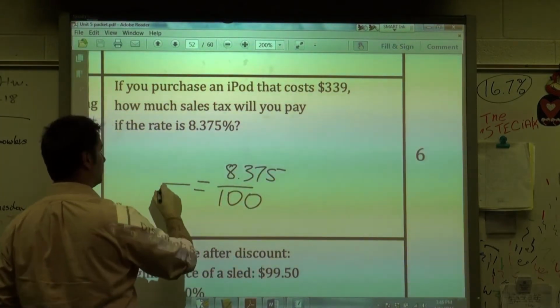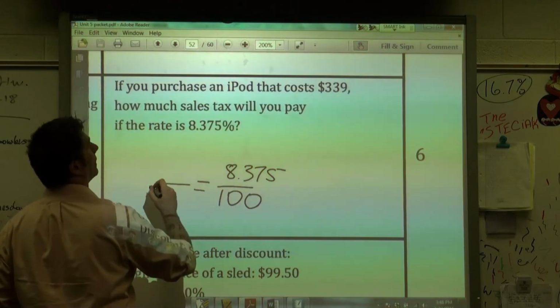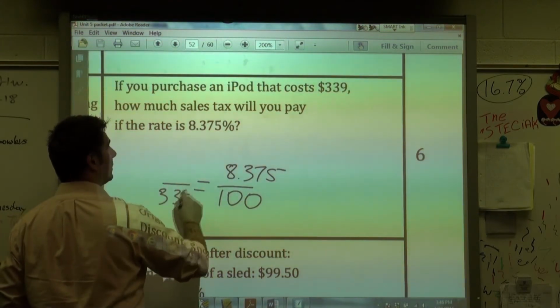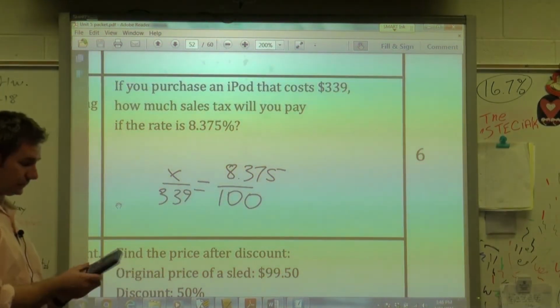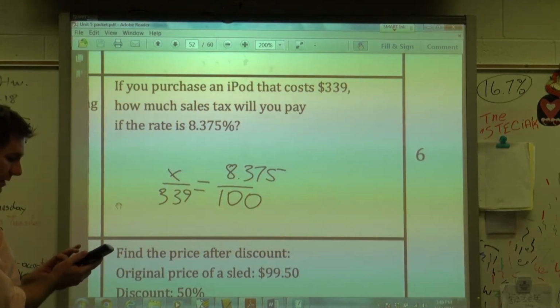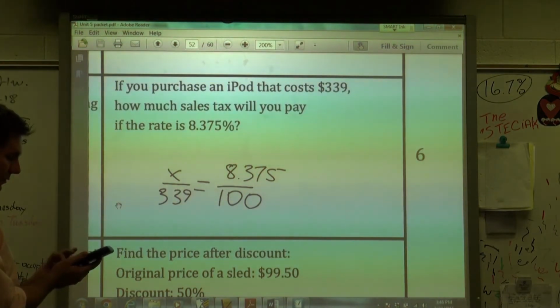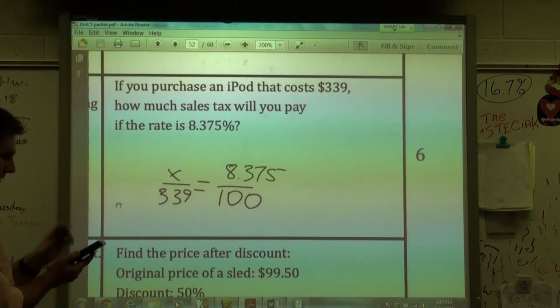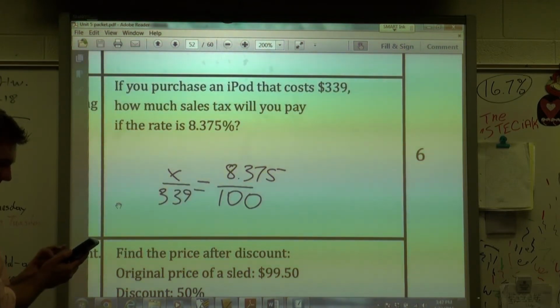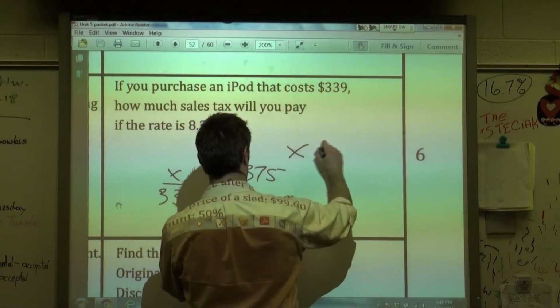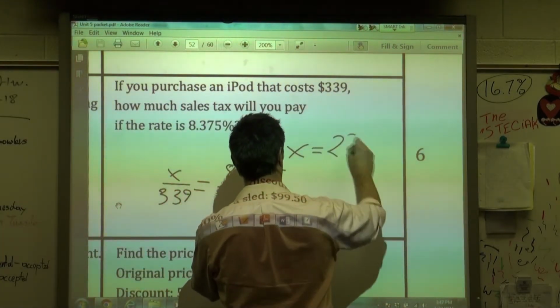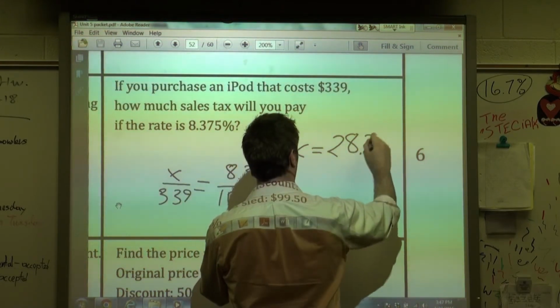Right here on the bottom, we put the original price of the iPad, which is $339, and this is X. We have to cross multiply: 339 times 8.375 and divide that by 100. The amount of tax that we are going to have to pay is equal to $28.39.